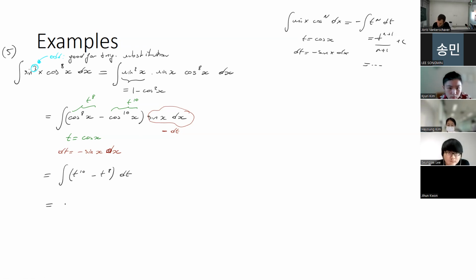And now that I can solve: that is t to the 11 divided by 11 minus t to the 9 divided by 9 plus a constant. And now back substituting gives me cosine to the power 11 of x divided by 11 minus cosine to the power 9 of x divided by 9 plus a constant.